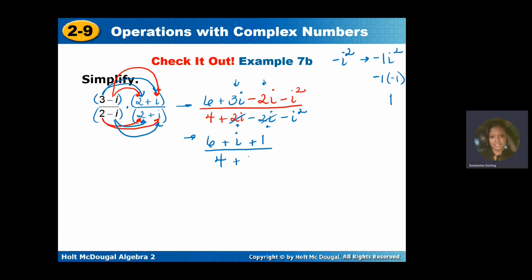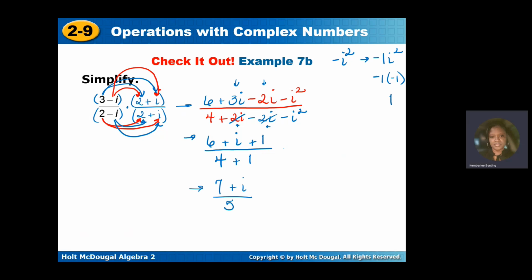It's equal to 1. So now, up top, I can combine the 6 and the 1. 6 plus 1 will give me what? 7. So I have 7 plus I over 5.